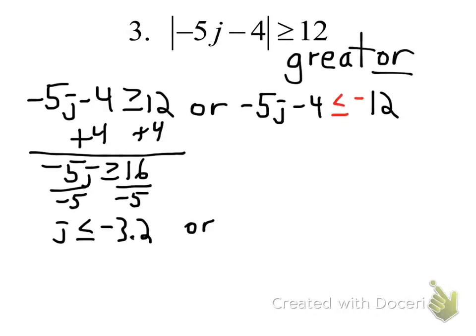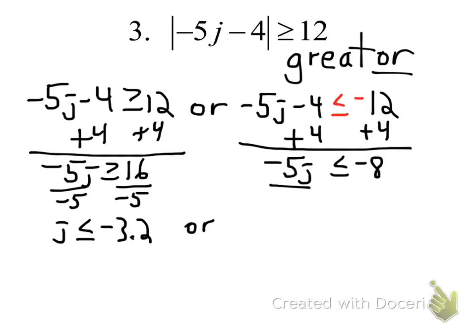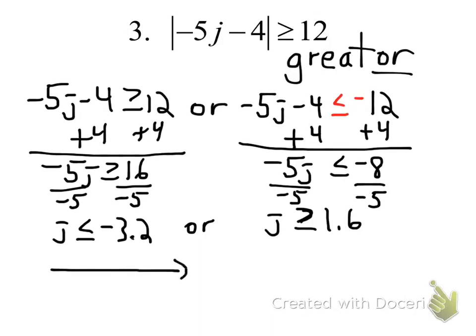In the second inequality, you're again going to divide by a negative 5, which means we switch the inequality sign to greater than or equal to. So we have j is greater than or equal to 1.6.